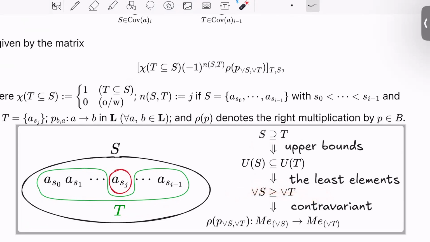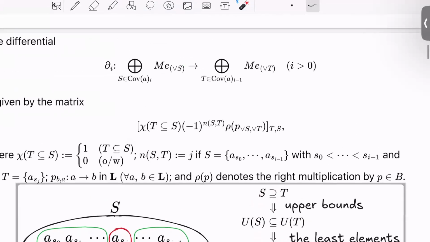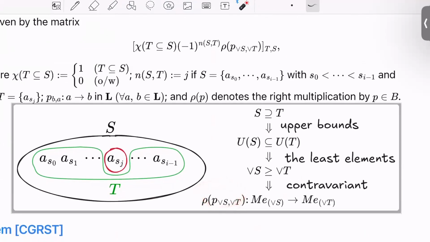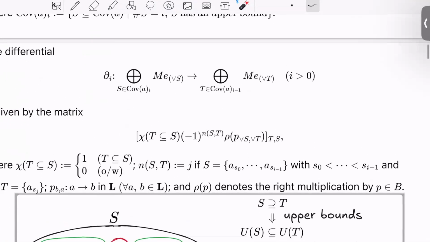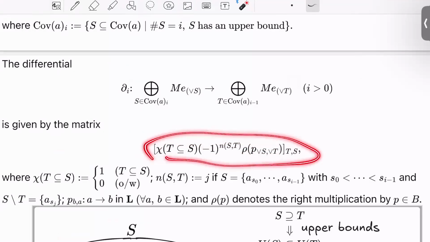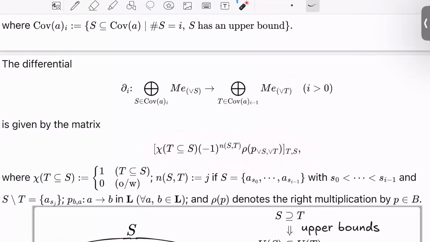So from here to here, we have a morphism, right multiplication. In this way, each component, M e_S to M e_T, is defined by the right multiplication by this element of B. So we can define this entry and make the matrix to define this morphism.